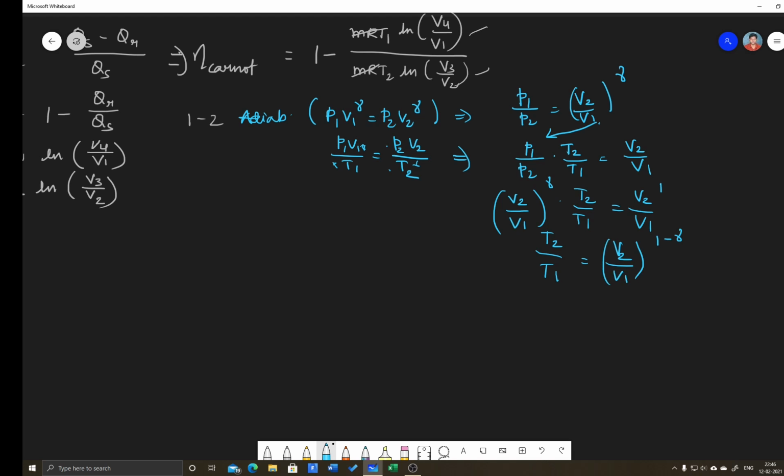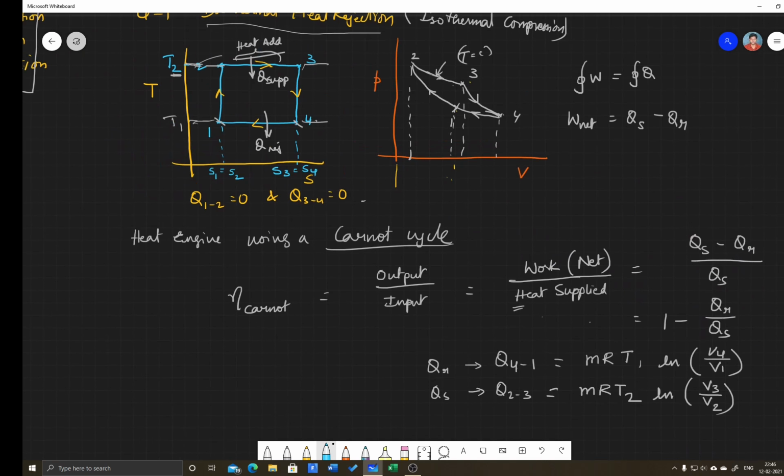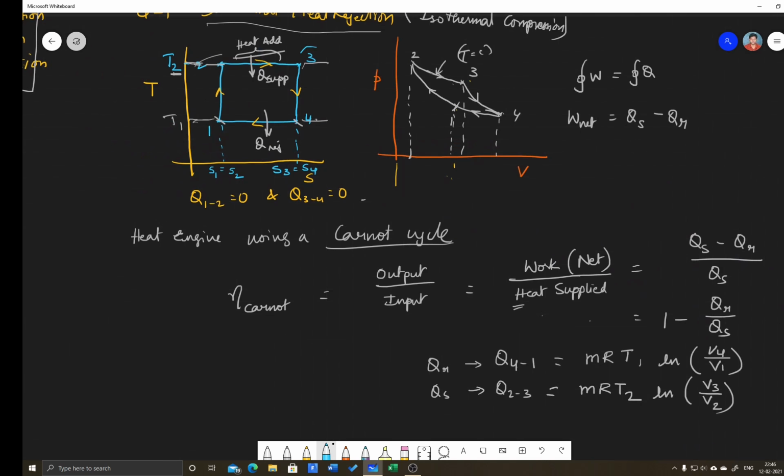Similarly for 3 to 4, the process is expansion. If you see here, the 3 to 4 process is expansion.